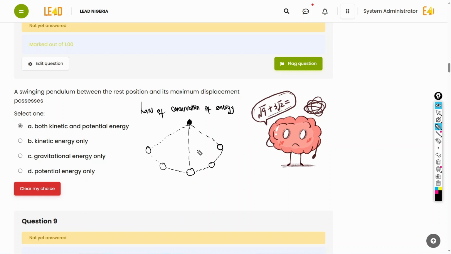We have 2 extremes, 1 in the middle, and 2 right in between. Now, this is the position of maximum displacement. Here too, this position of maximum displacement. And this position here in the middle, you can call your equilibrium or rest.